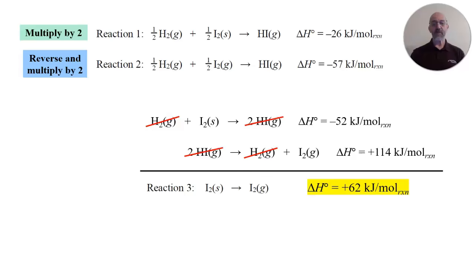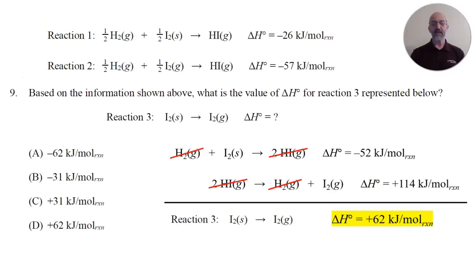And when I do that math, I get positive 62 kilojoules per mole of reaction. So the correct answer to question 9, based on the Hess's law manipulations, is choice D, which has a value of positive 62 kilojoules per mole of reaction. So the correct answer to question 9 is choice D.